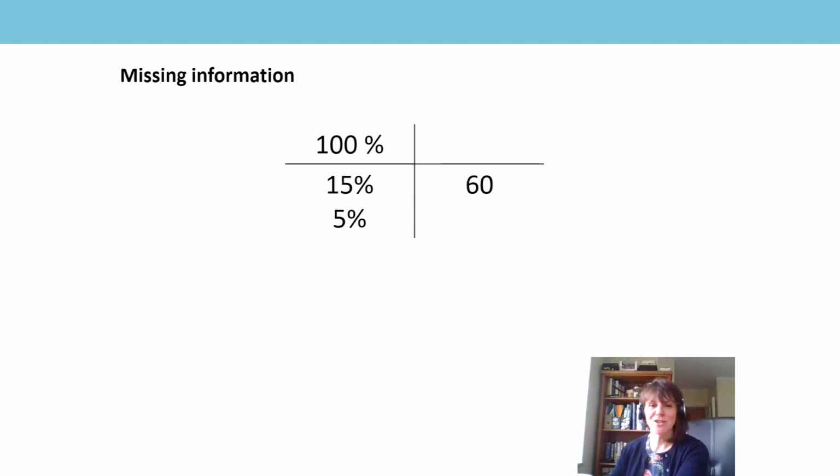Let's have a look at another ratio chart where there are some missing numbers. I'd like you to work out what 5% of the number was and therefore what 100% of the number was. Pause the video now and then I'll go through it with you. Okay, I looked at this relationship here and I could see that 15% had been divided by 3 to equal 5%.